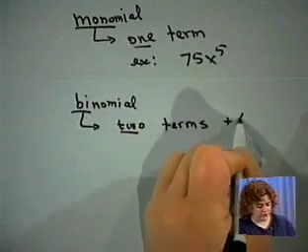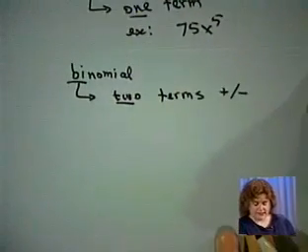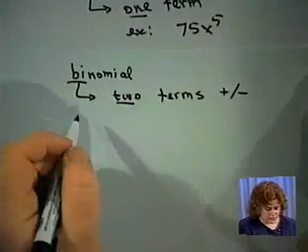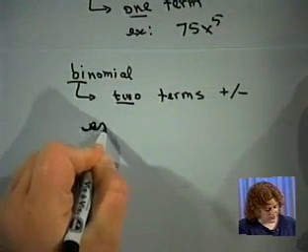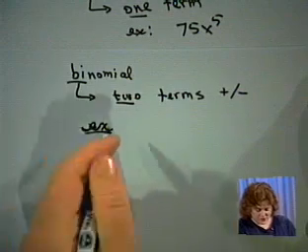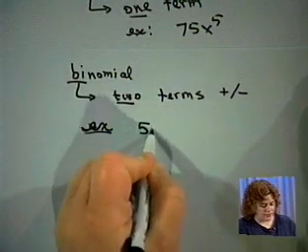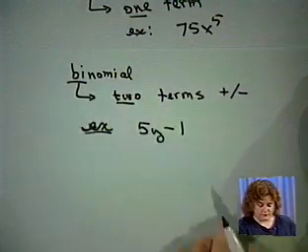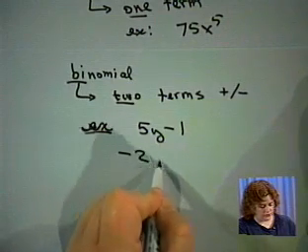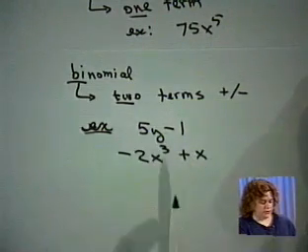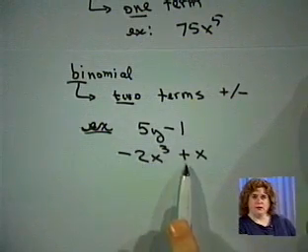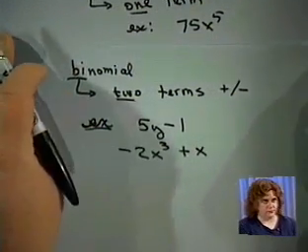So I'll just write a plus/minus to indicate that. So, for example, we could have something like 5y minus 1, or negative 2x cubed plus x, and each term is separated by the addition or subtraction symbol.